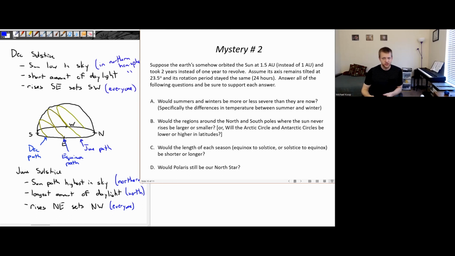In order to answer this, you have to think about how far I have moved the object compared to how far away the object is that I'm looking at. So how far have we moved the Earth, about half an Earth orbit radius, compared to the distance to Polaris? Well, Polaris is so far away that just moving the Earth to the side back and forth a little bit is not really going to change the angle to Polaris.